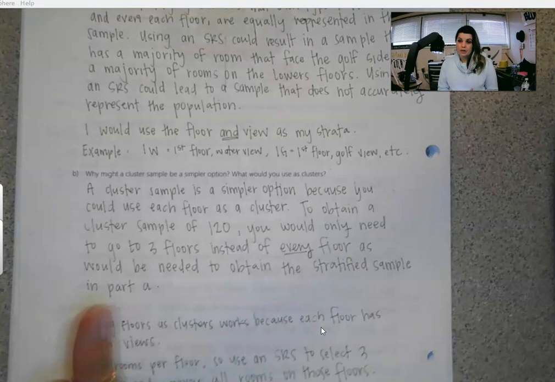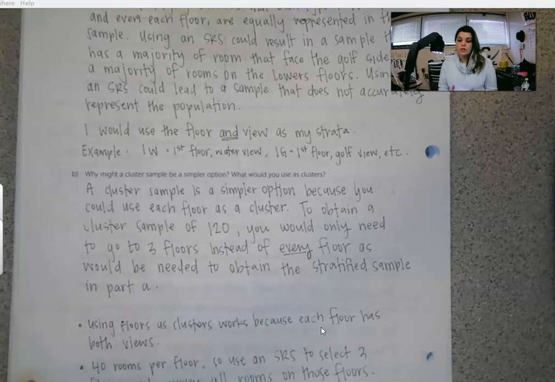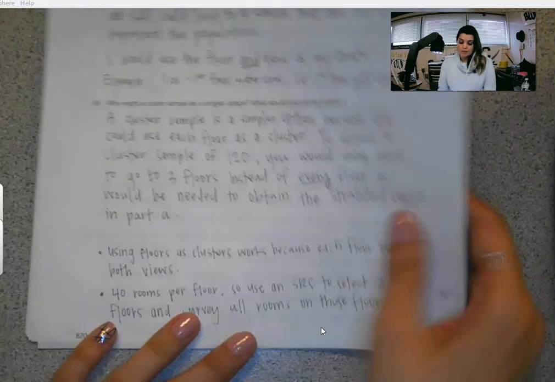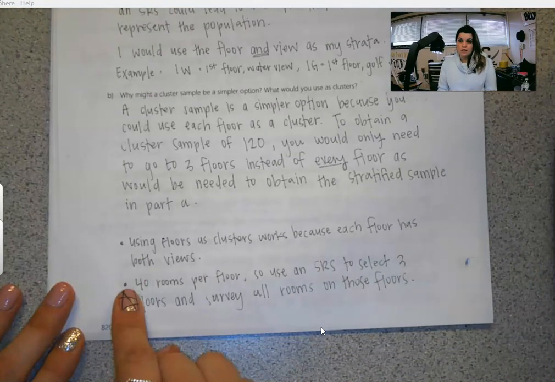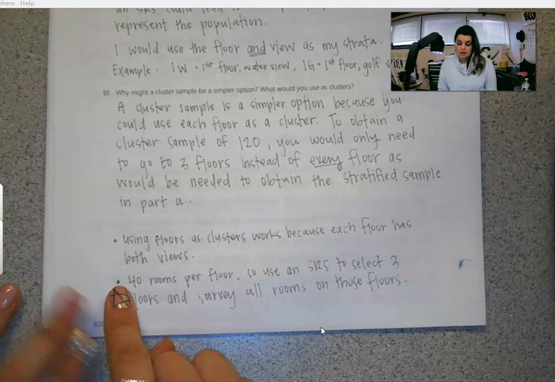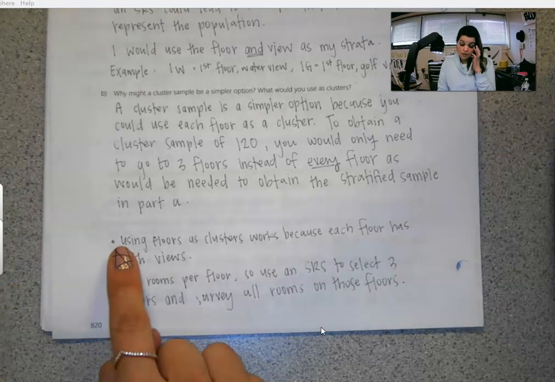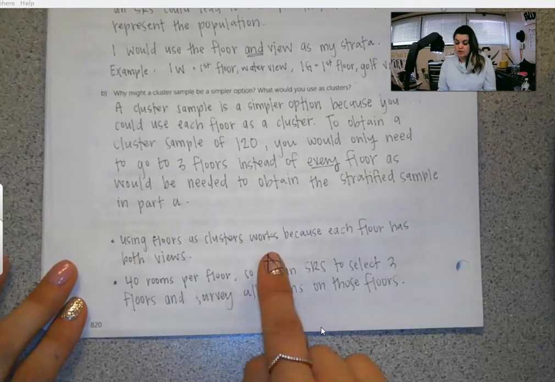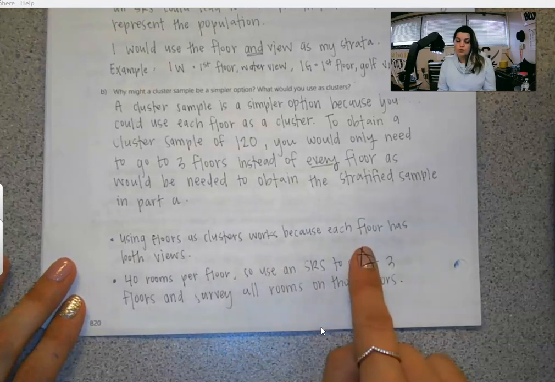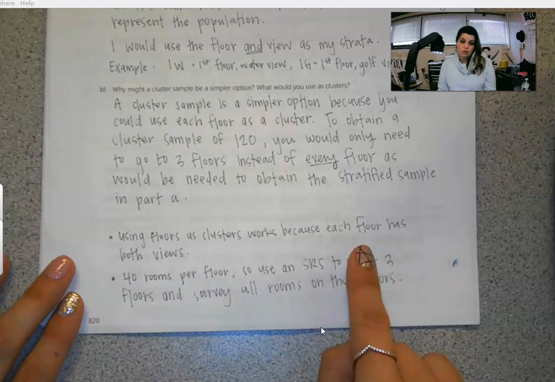How do I know that? How do I know that I only need to go to 3 floors? Make sure that you know that. So down here, I just have the bullet points that are important to the understanding behind this. Number 1, using floors as clusters works because each floor has both views.